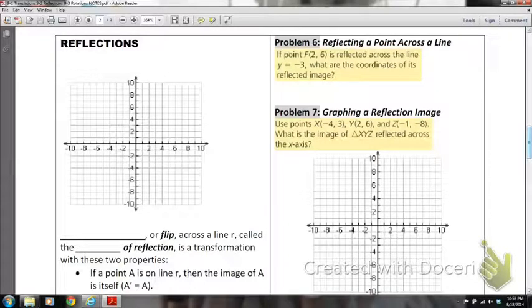In problem 6, we're going to be reflecting a point across a line. We're going to use the graph over on the left to plot this point. The point F is at coordinate 2, 6.